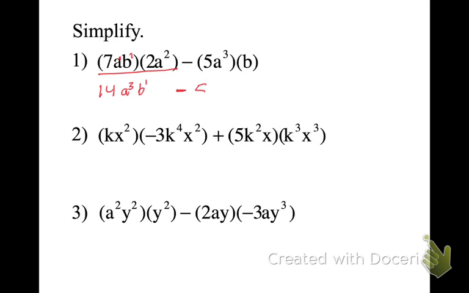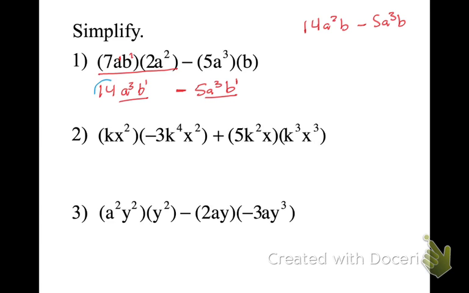Now I've got 5a to the third b. Now notice b is to the first power. These terms are exactly the same. We can only add or subtract if the terms are exactly the same. So if this was like 14a squared b minus 5a to the third b, that would be as simple as we can get. But this is exactly the same as this.